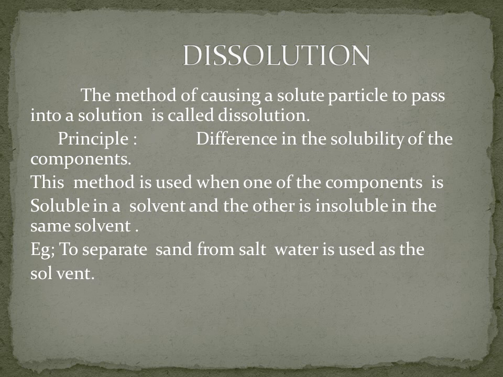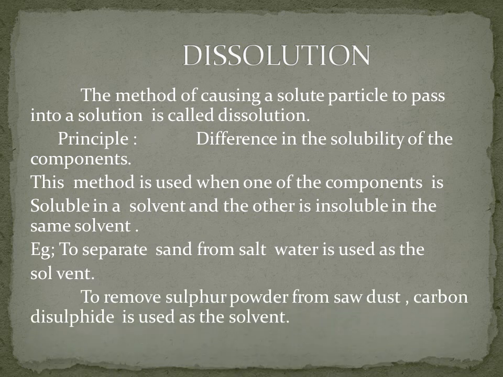For example, to separate sand from salt, water is used as the solvent. Here, salt is soluble in water, on the other hand sand is insoluble in water. Another example, to remove sulfur powder from sawdust, carbon disulfide is used as the solvent.